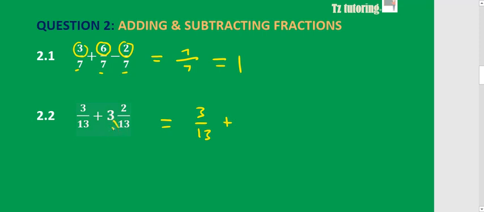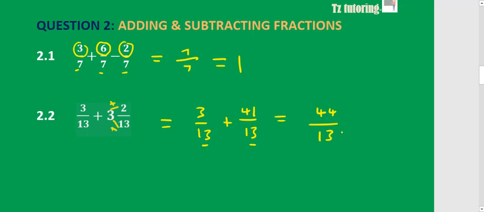And 39 plus 2 is 41 over 13. The denominators are the same, so no problems there. We've got a denominator of 13, and we can just add the numerators. 3 plus 41 is 44.